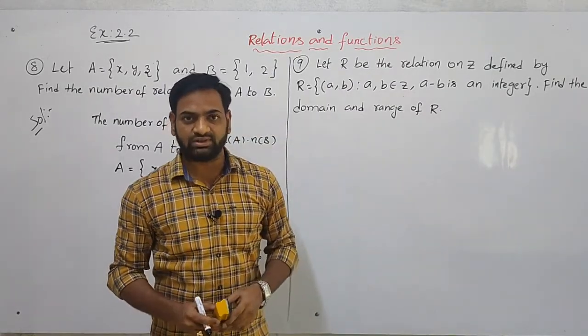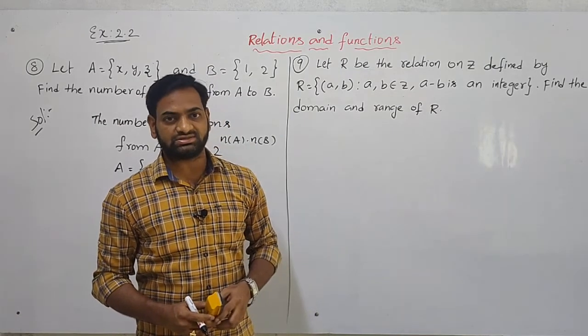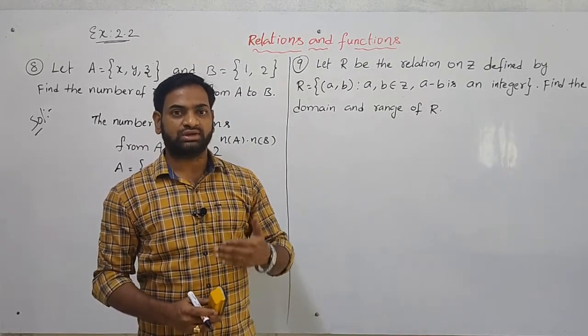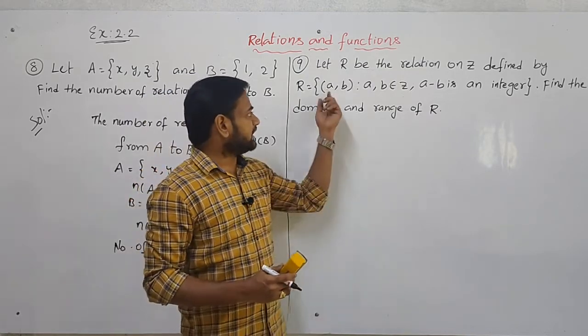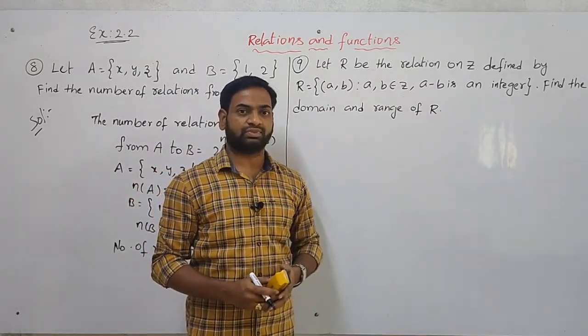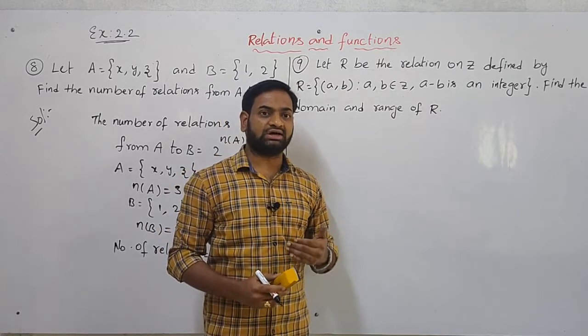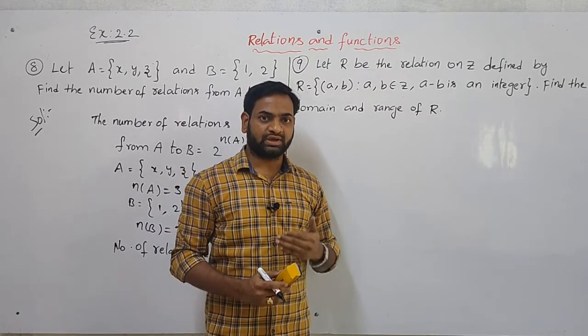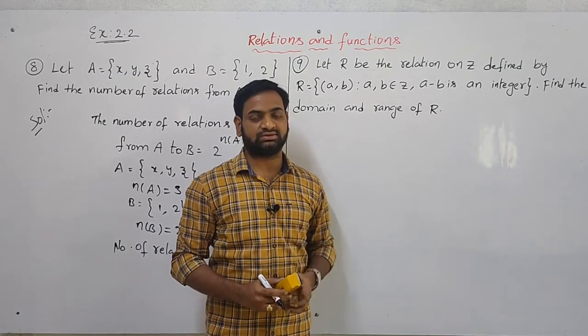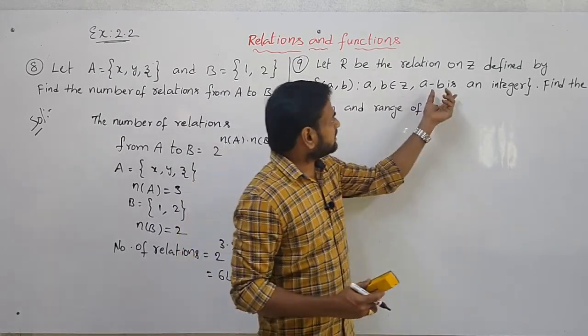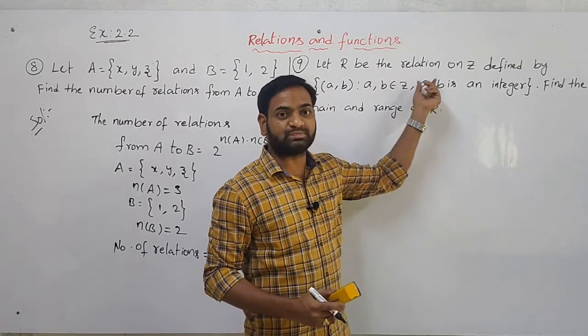Previously I said domain means choosing values, or taking values. That means here the a, b values. Next, what does range mean? Range is the result, the answer, and here the operation is the a minus b value.